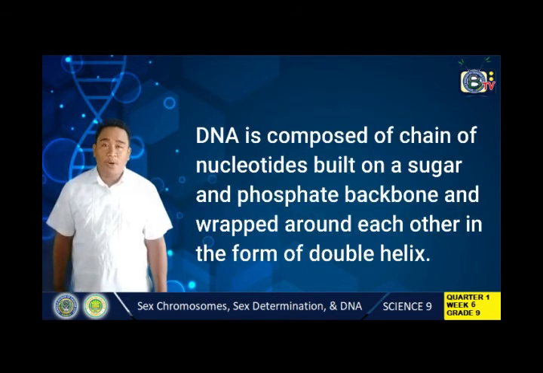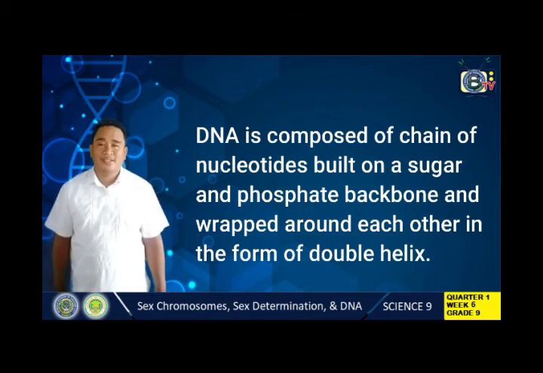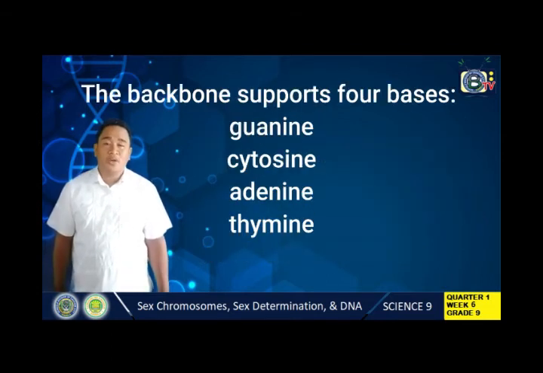DNA is composed of a chain of nucleotides built on a sugar and phosphate backbone and wrapped around each other in the form of a double helix. The backbone supports four bases: guanine, cytosine, adenine, and thymine.